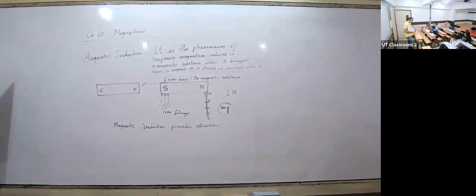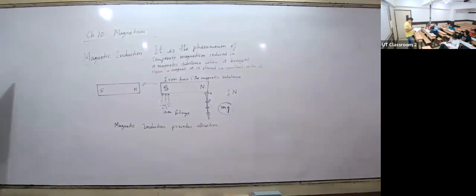Read all the blue boxes, whatever I have explained, your concept will be revised. All 3 blue boxes you read. Okay. Read till here. Okay. 3 blue boxes on page 201 and 1 blue box on page 202.